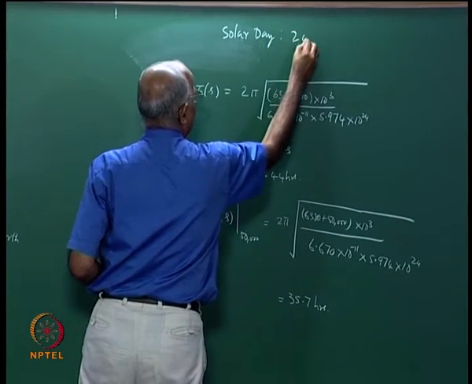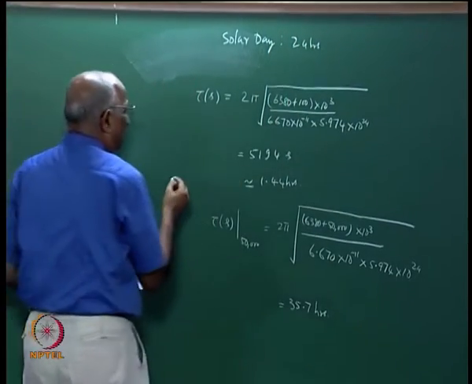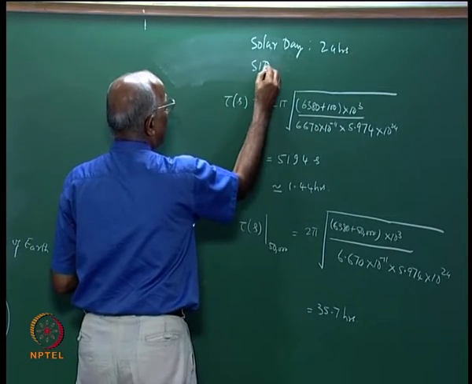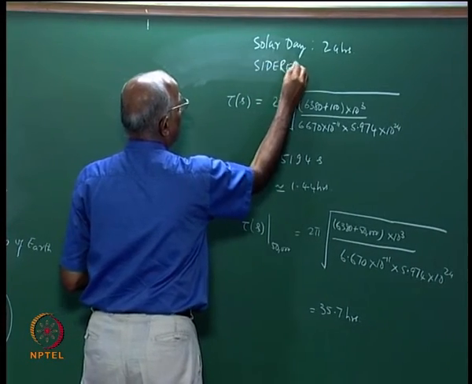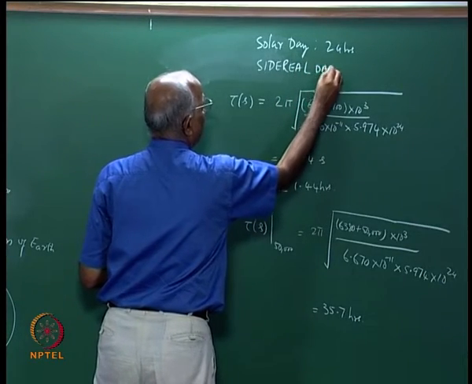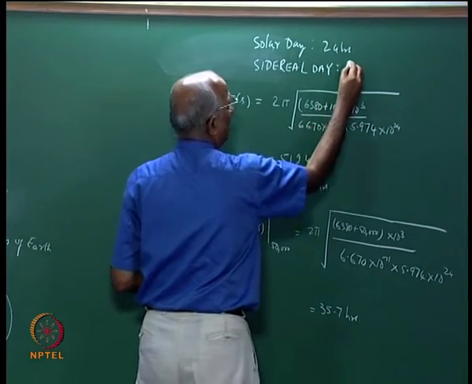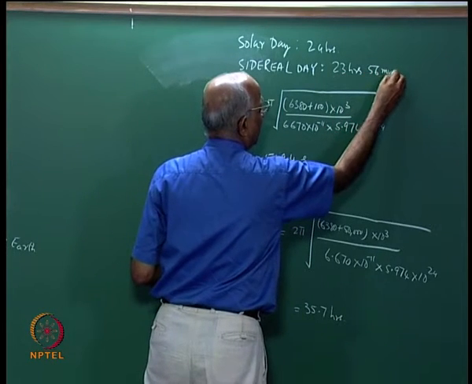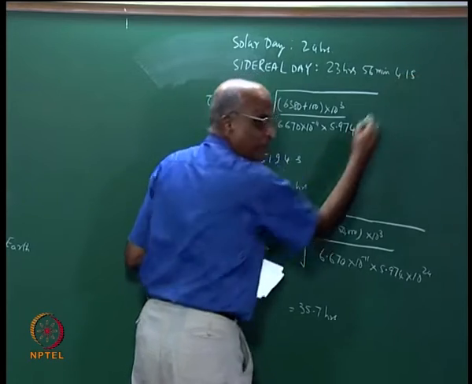That is the 24 hours period, and the real actual time taken for one rotation we call the sidereal day, slightly less, something like 23 hours 56 minutes and 4.1 seconds.